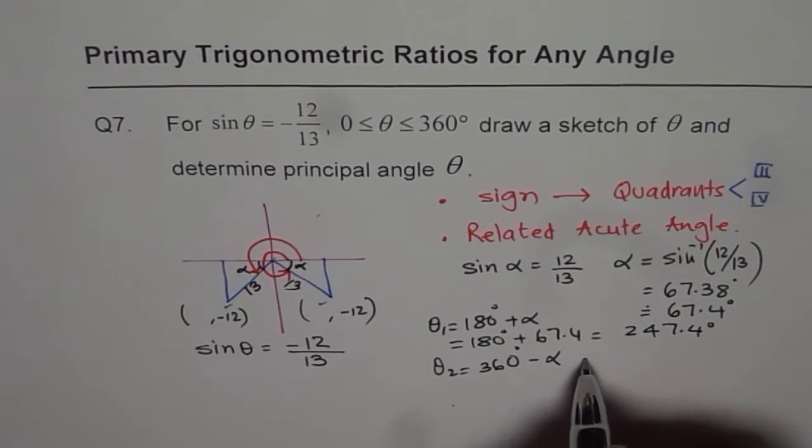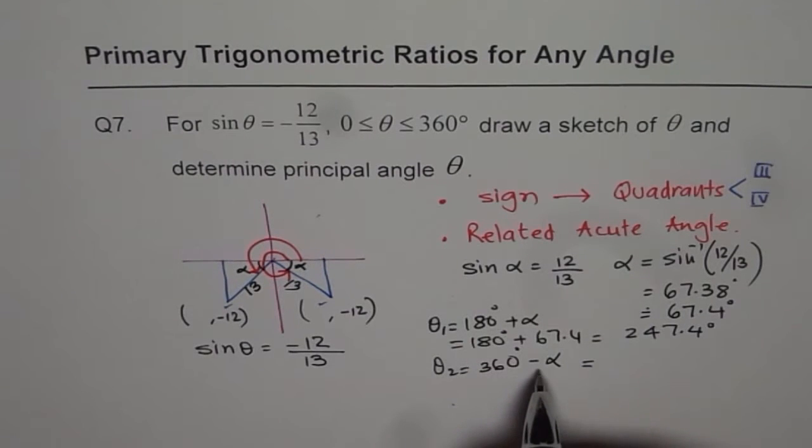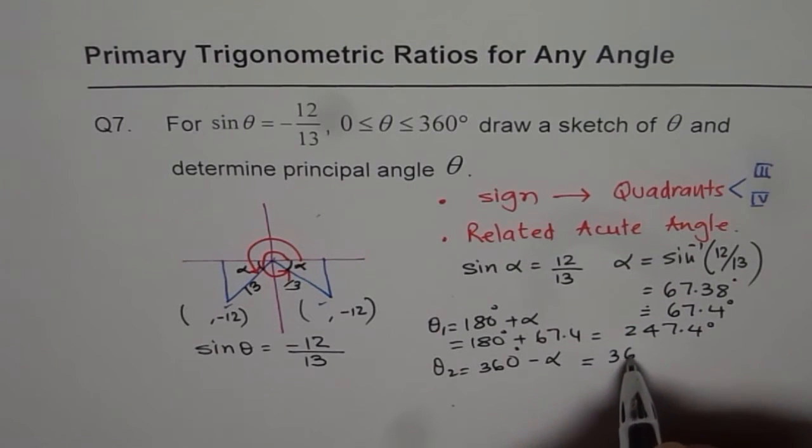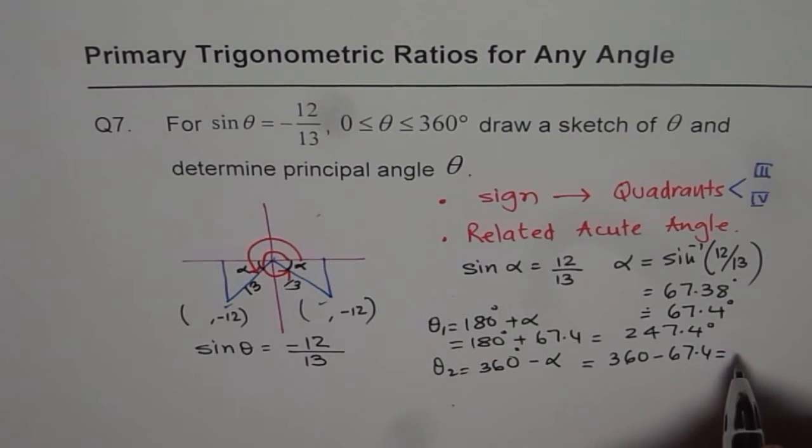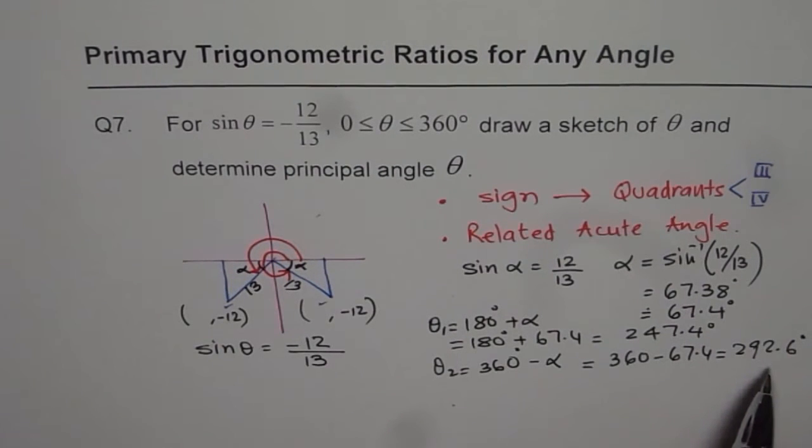The other one is 360 minus 67.4, which is 292.6 degrees. So these are the two different principal angles which we get in this particular case.